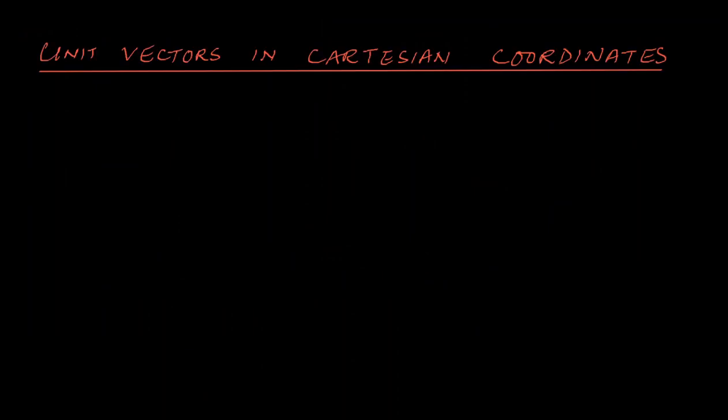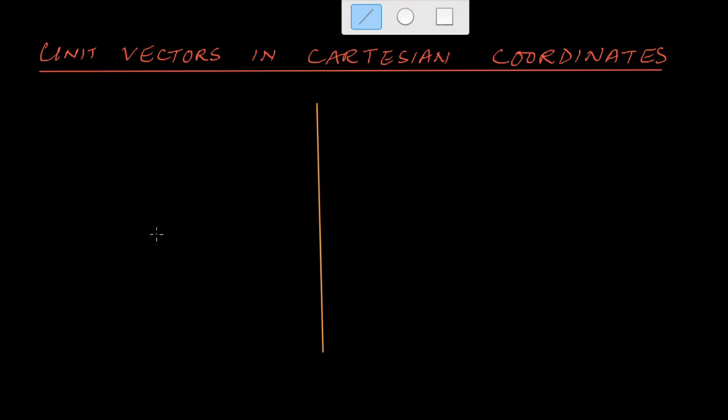Right, now unit vectors in Cartesian coordinates. We are very familiar with the Cartesian coordinates. This is the y-axis, and you have the x-axis, right?